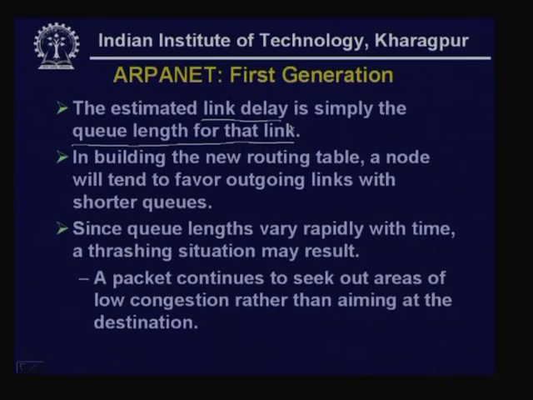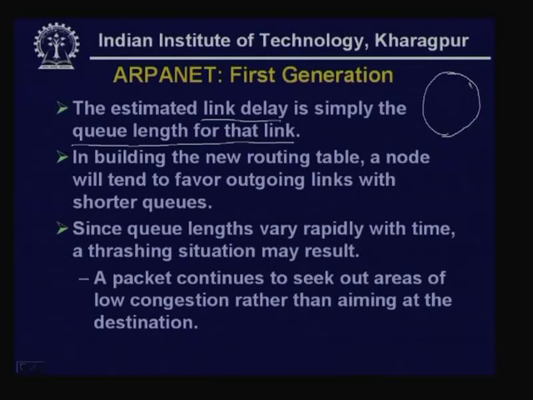So we have already seen, suppose this is a particular node, and these are the outlinks. So the queue length for each of these links is being used as a representative of the delay. So in building the new routing table, a node will tend to favor outgoing links with shorter queues.